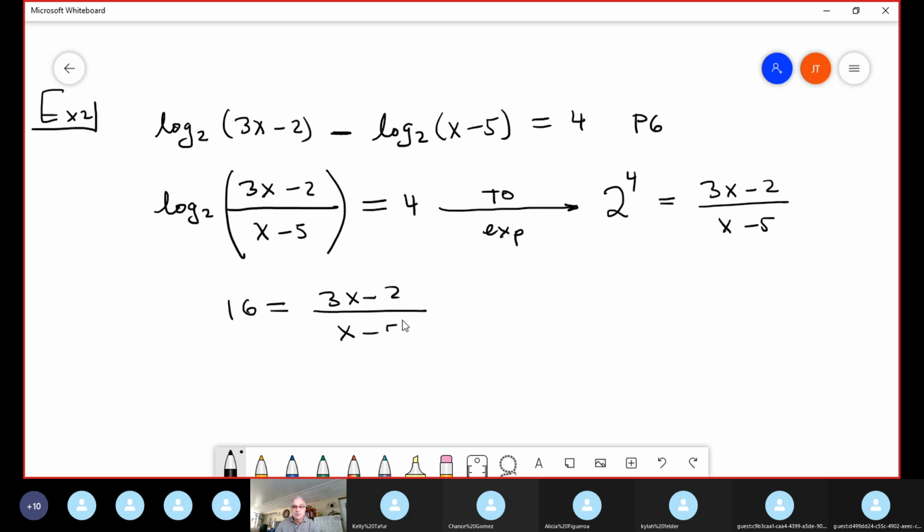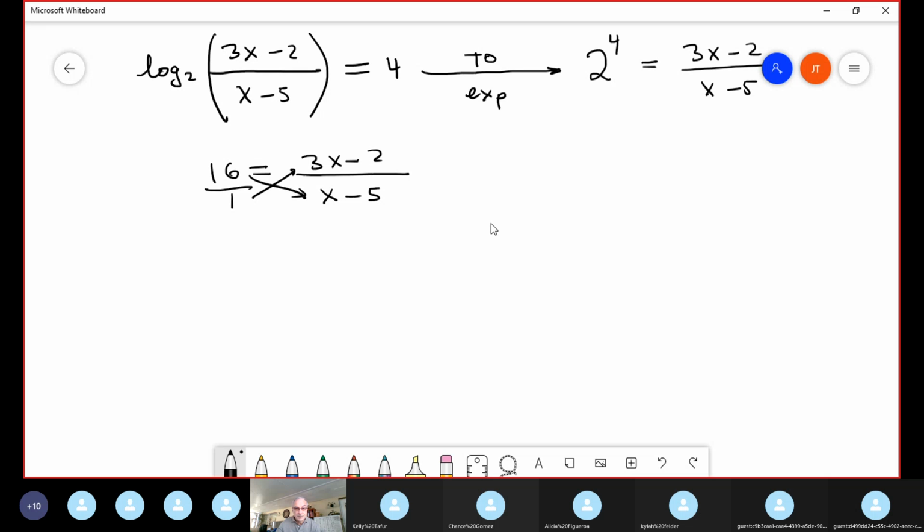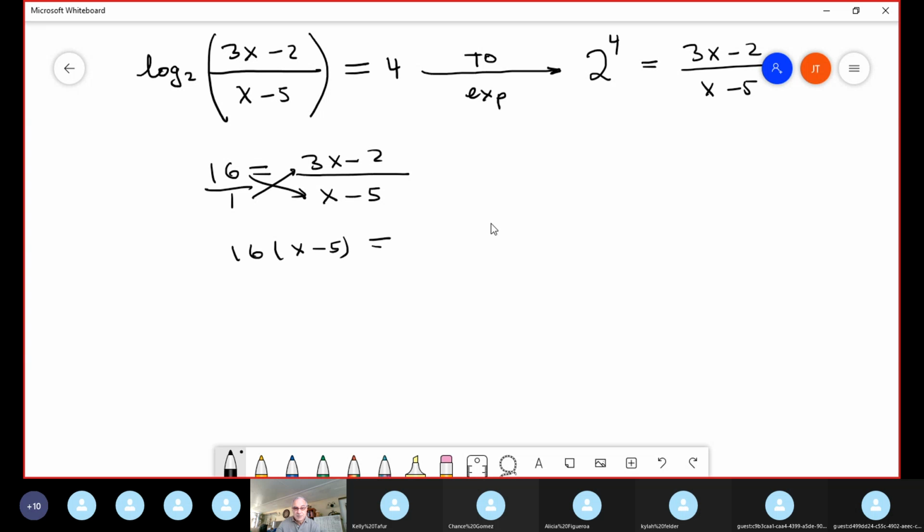This is a linear equation. You apply cross multiplication, maybe, like that. 16 times x minus 5 equals 1 times 3x minus 2. And you know 1 is an invisible multiplier.